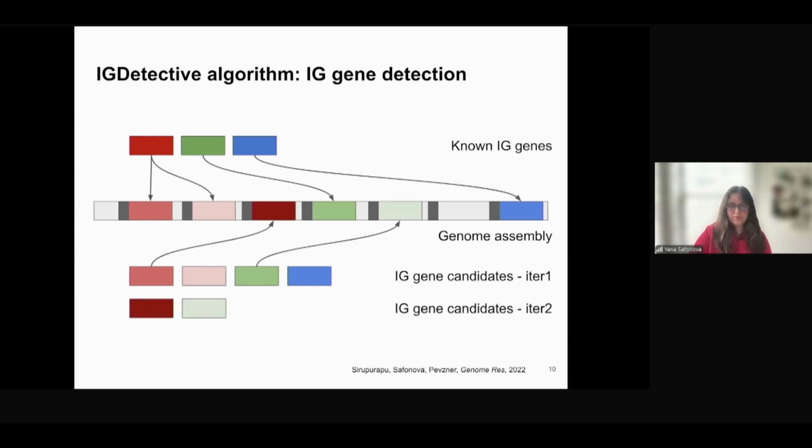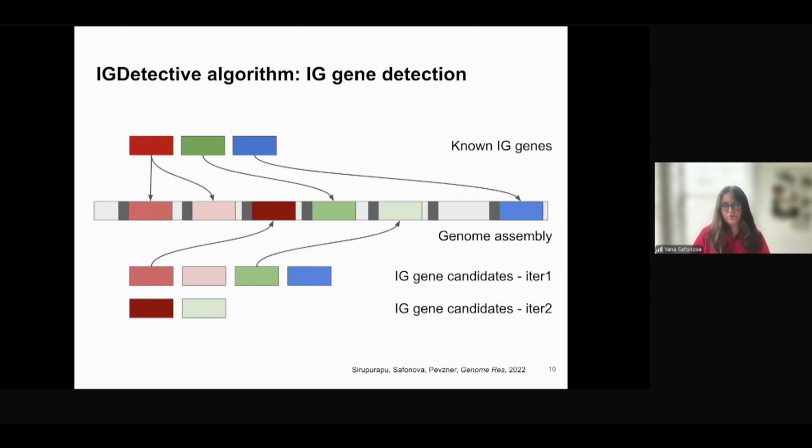If we repeat this procedure using candidate genes that were just found, we can extract less conserved Ig genes and repeat this procedure until it converges. So usually it takes 3, 4, 5 iterations until we identify all Ig genes using this procedure. Of course, not all Ig genes that might be there, but all Ig genes that such an iterative method can detect.